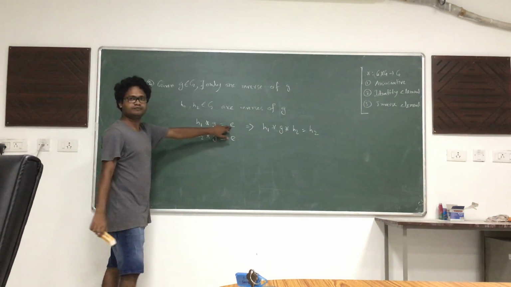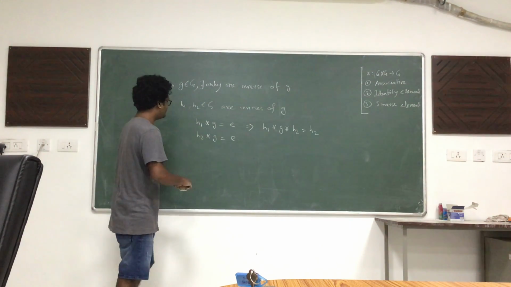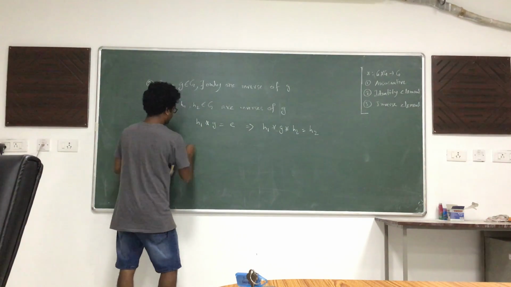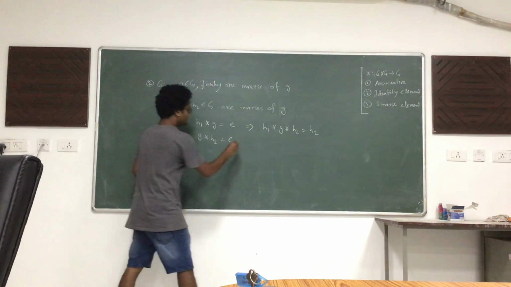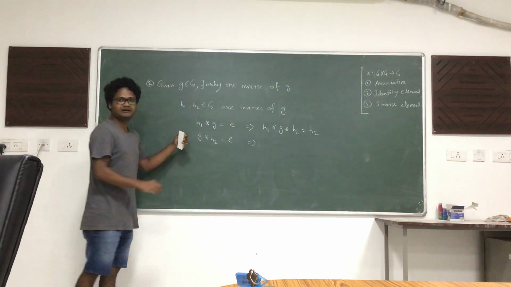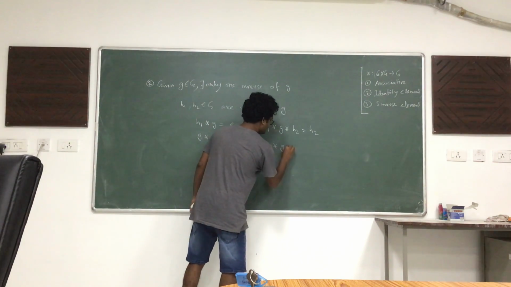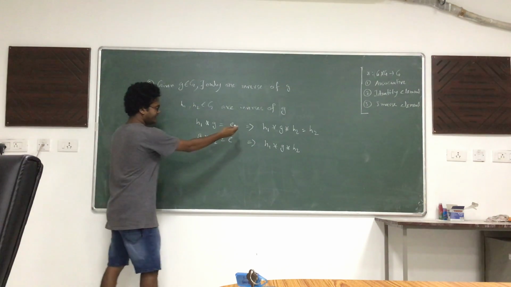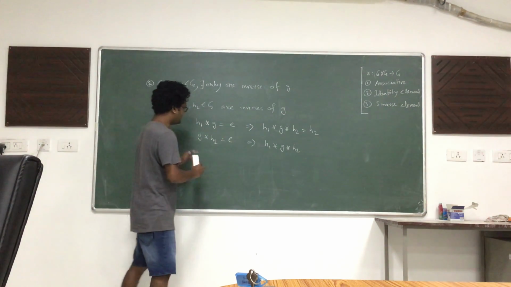Multiplying from this side, and if we take the other way around, this also implies from the left if we multiply h1, h1 star g star h2. So here we are multiplying h2 from the right and we are multiplying h1 from the left.